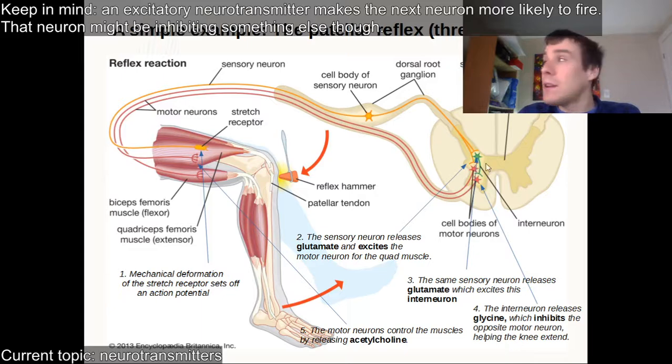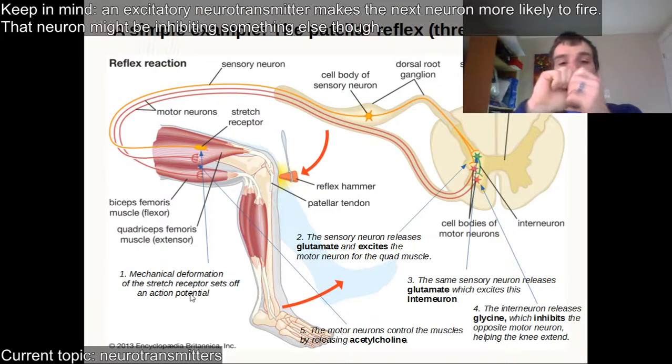And the spinal cord is doing a little bit of processing and then sending a signal right back to the muscle. So this red is the muscle signal. It's actually sending two signals, one to the same muscle that the stretch receptor is on, and one to the opposing muscle, the muscle on the other side of the leg. So what happens here is the stretch receptor feels a stretch.